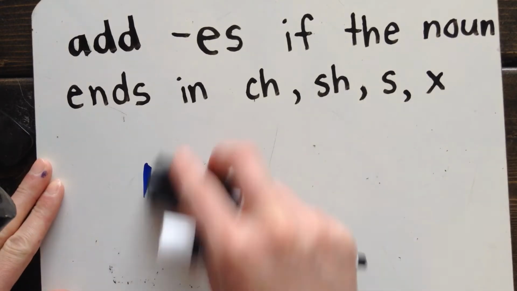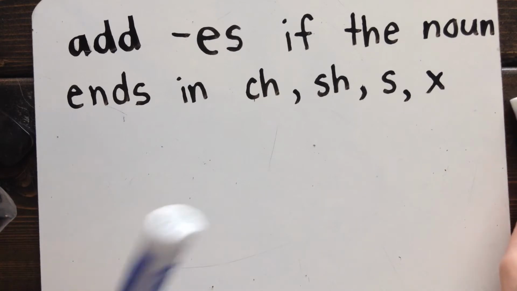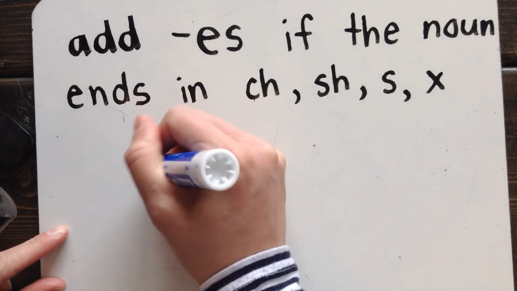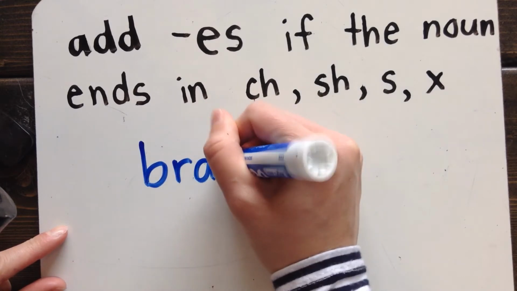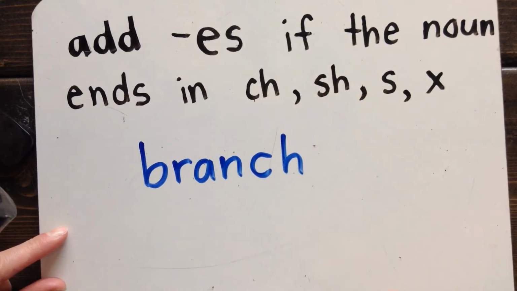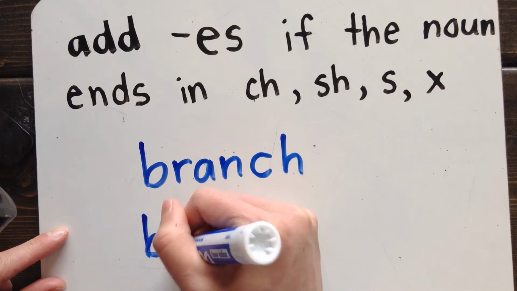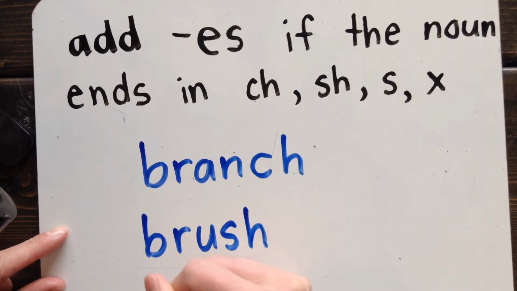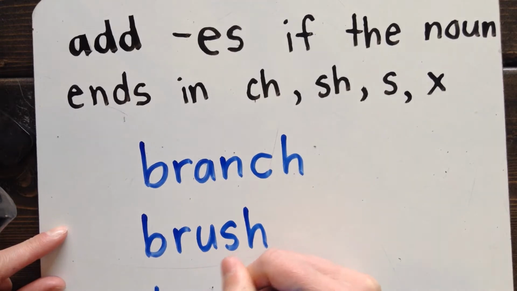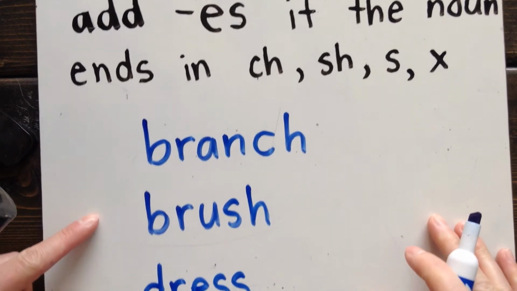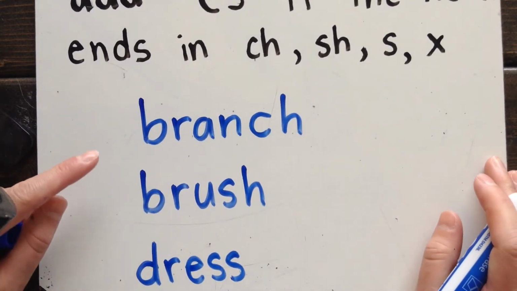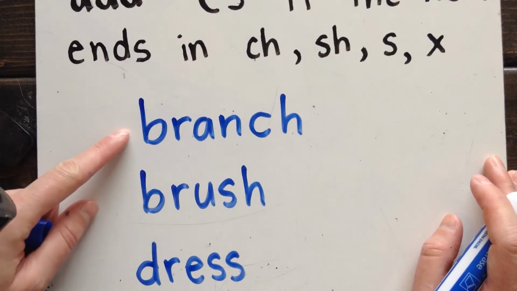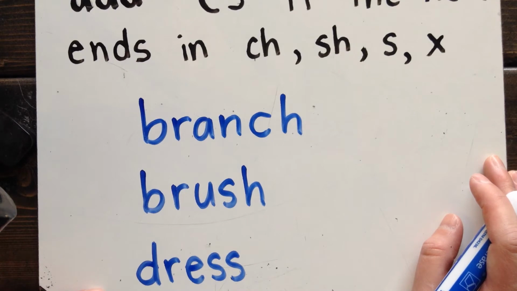In any case, let's look at a few more examples just to practice adding an es to words that end in these letters. This is the word branch. This is the word brush. And this is the word dress. We have 3 different nouns. They are all things, and they're all singular. There's just one branch, one brush, one dress.